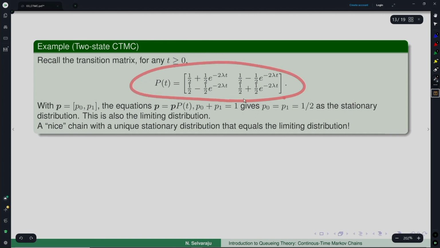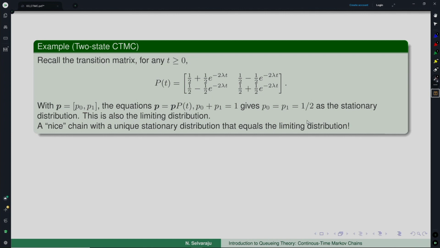Now, with P0, P1, this equation gives this as the stationary distribution, and we also observed that the limit as t tends to infinity of this P of t will be the matrix of all halves. So, that is the stationary distribution and that is the limiting distribution as well. Here this is a nice chain with a unique stationary distribution that equals the limiting distribution.